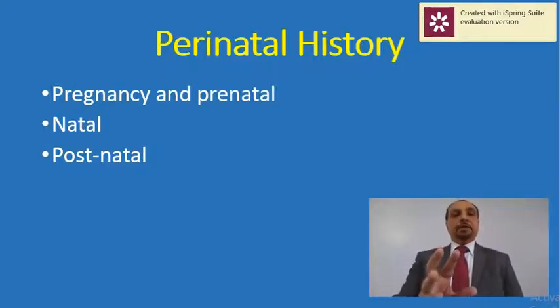So it's important to take the history during pregnancy and the prenatal history, and regarding the delivery, whether he is full term or preterm, the mode of delivery, normal versus cesarean delivery. We ask about Apgar score, and whether the child cried immediately after birth or not.